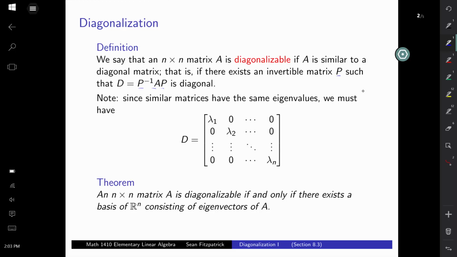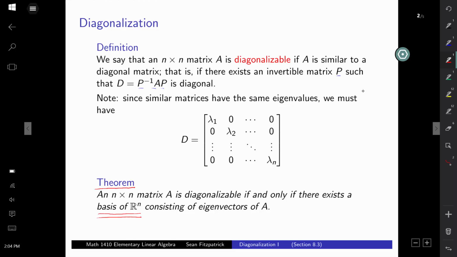And one of the things that you can show, and it takes a bit of work, and essentially the proof of this theorem down here, we'll see that to some extent the proof of this theorem falls out from just looking at the procedure of how you go about diagonalizing a matrix. It turns out that the way you diagonalize a matrix is you find the eigenvalues, then you find the eigenvectors, and if you have enough eigenvectors to form a basis for all of Rn, then you can diagonalize.